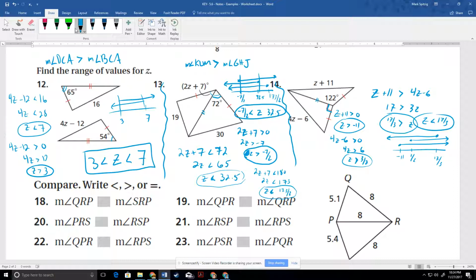So our range, again, I'll just highlight it to show us, our range is between these two. So our range of values is sort of here on the number line, so we're saying between 3/2 and 17/3. So 3/2 has to be less than z, which is less than 17/3. So that is our answer there.